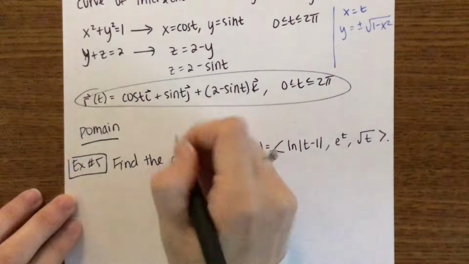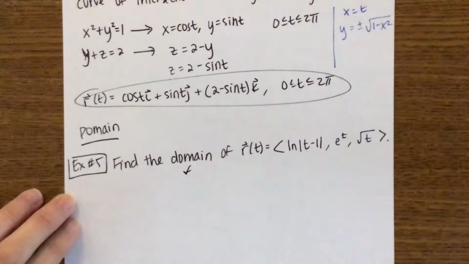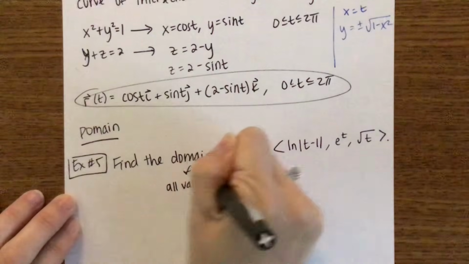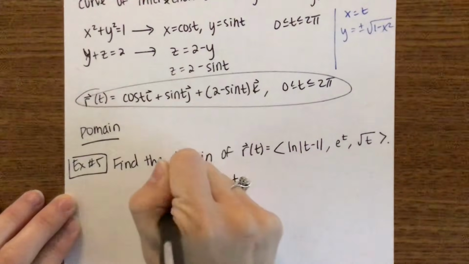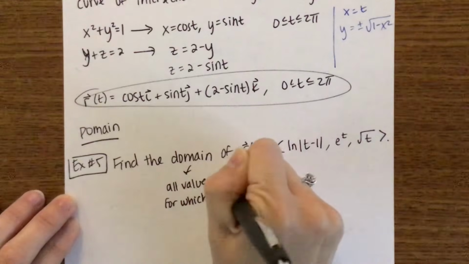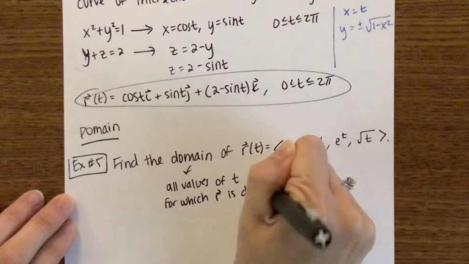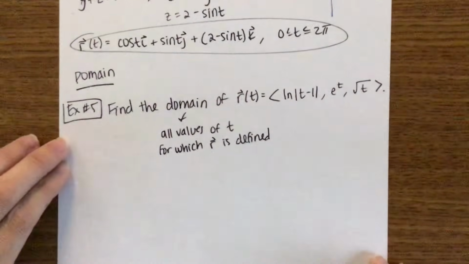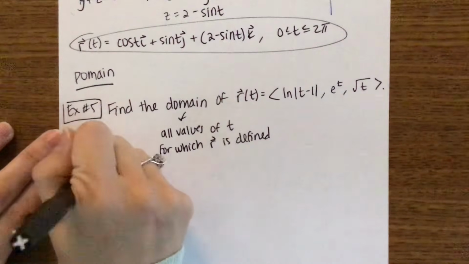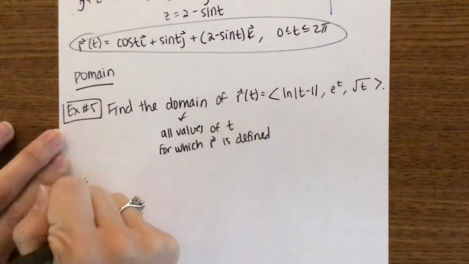Here's what I mean by the domain of a vector valued function. The domain includes all values of t for which r is defined. So the basic idea is you have to treat all three components separately: x, y, and z.